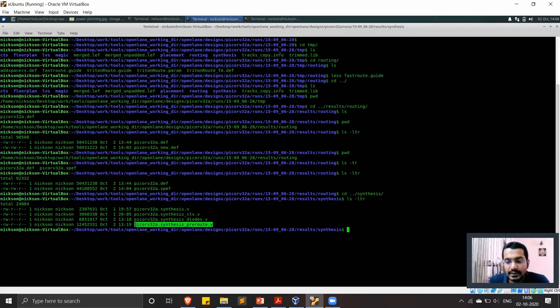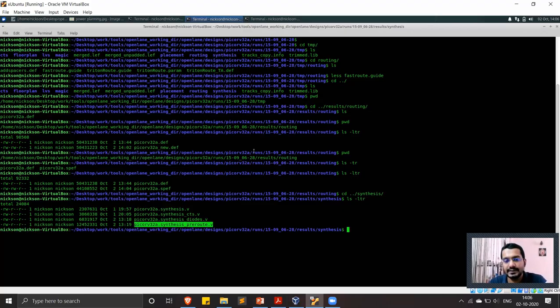Then we can use the same SDC file as reference. Then we need to introduce a new command, read_spef, which is actually for reading the parasitics. That's all we will be needing for the post route STA analysis.